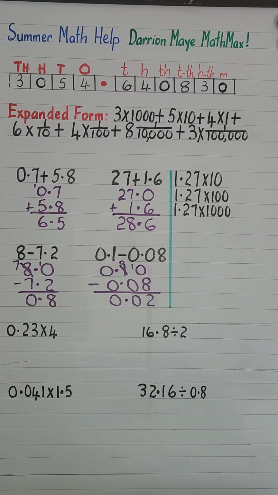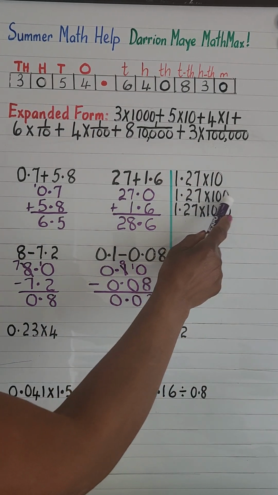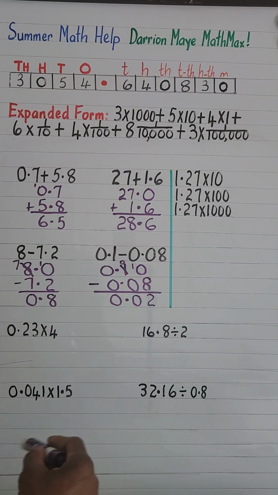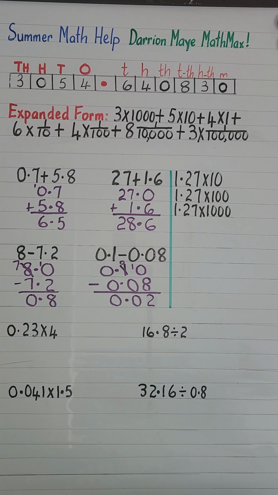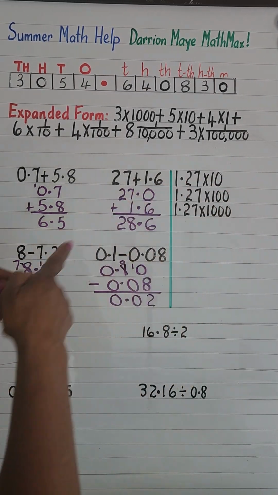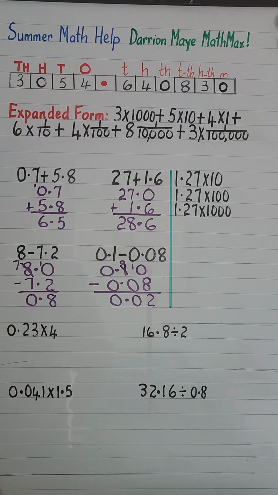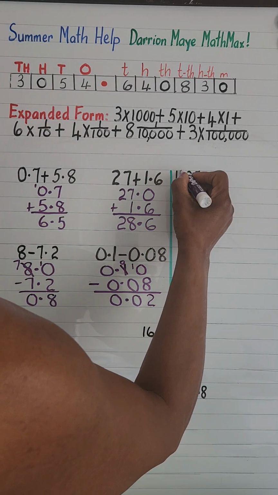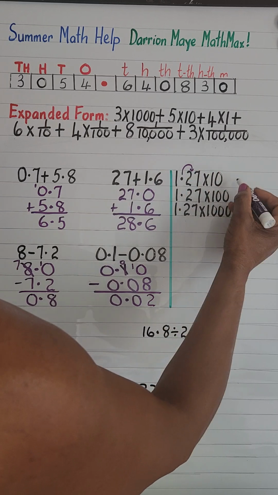Like 10 to the first power is 10, 10 to the second power, 100, and 10 to the third power, 1000. So the simple way to do that, when we multiply by 10, we move the point one place to the right.